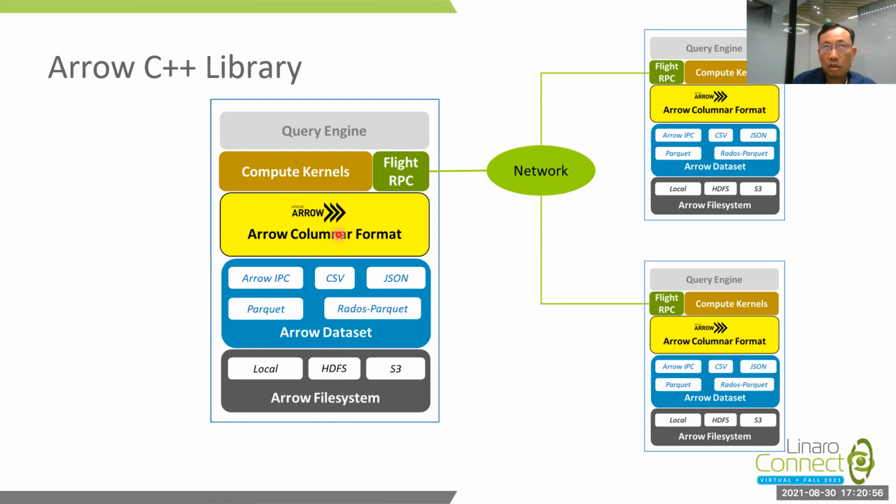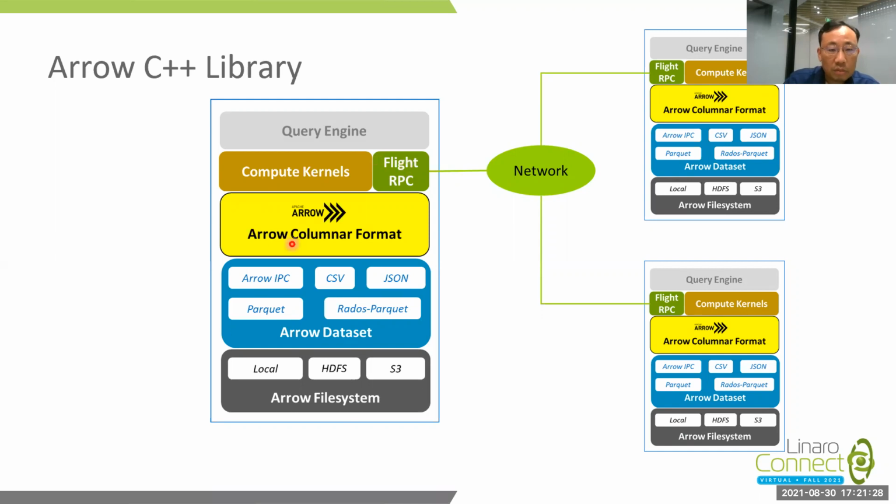It includes a bunch of data structures and utilities to manipulate them. Above this are the Arrow compute kernels and FlightRPC. The compute kernels do the computations based on the columnar format, and FlightRPC transfers the data across the network to other nodes also running Arrow projects.